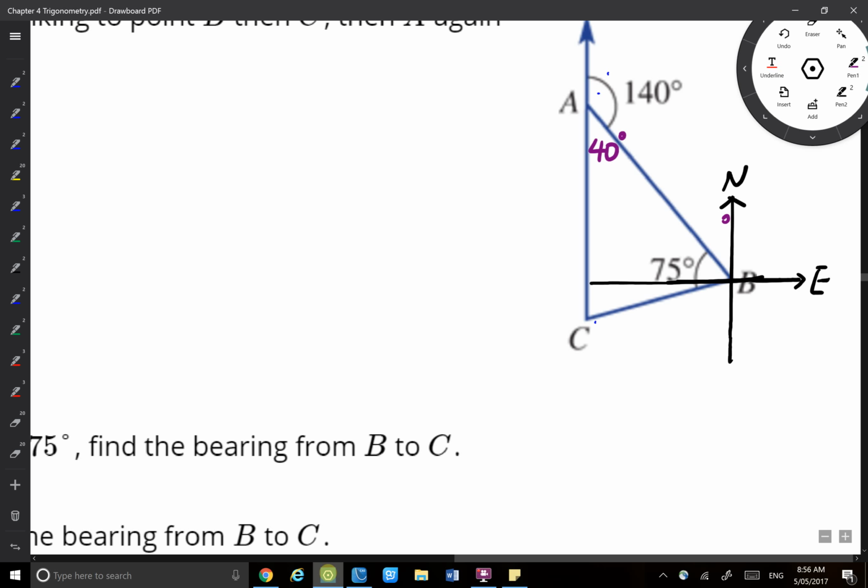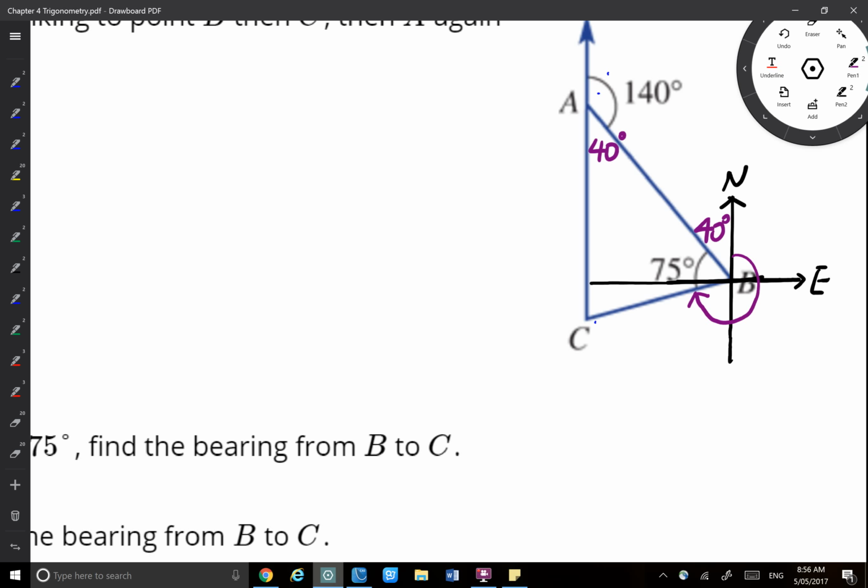I'll still put the 40 here. From B to C is this angle here. So this angle here plus 75 and then plus 40 should give you 360, right?